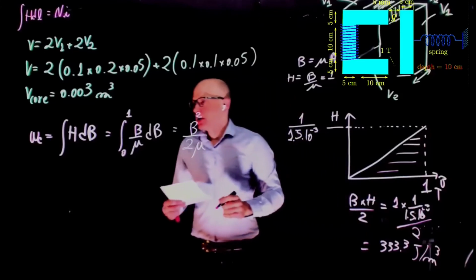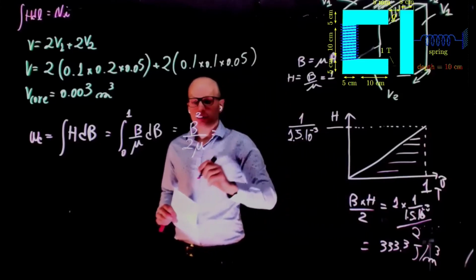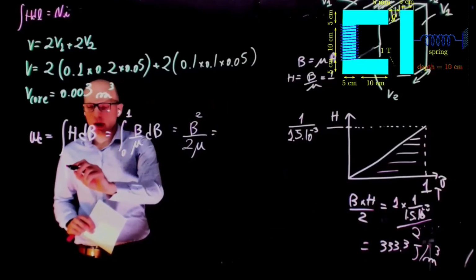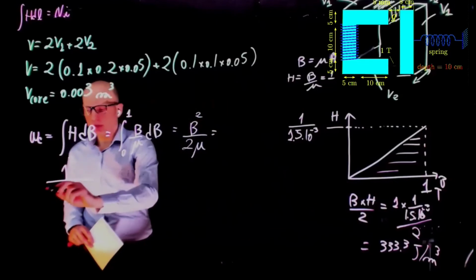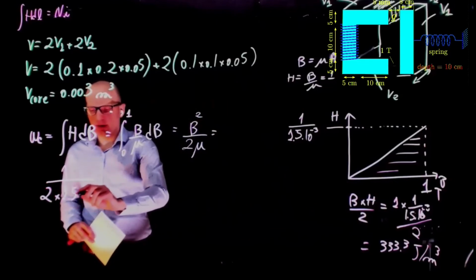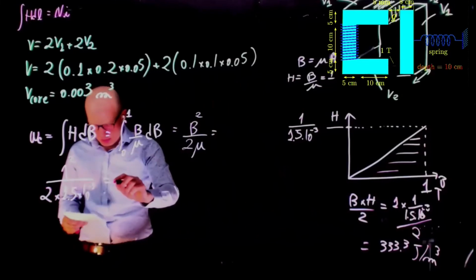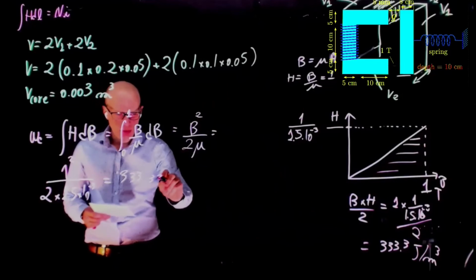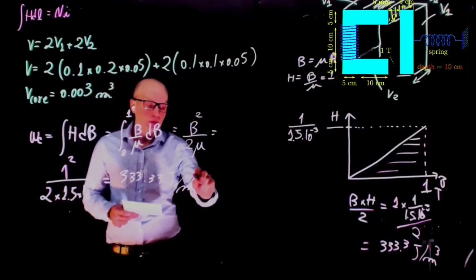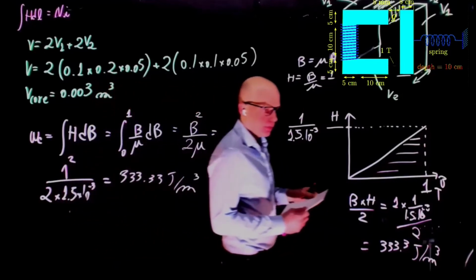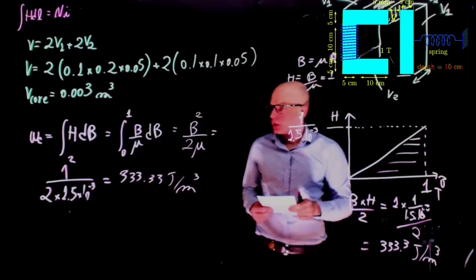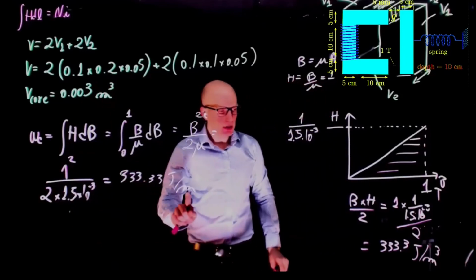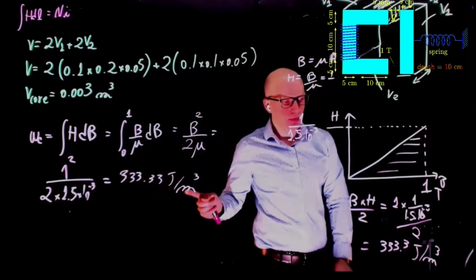And this gives the same result. So we have 1 squared divided by 2 times the permeability, 1.5 times 10 to the power of -3, which is the same 333.33 joule per cubic meter. This is the density, you see the per cubic meter.